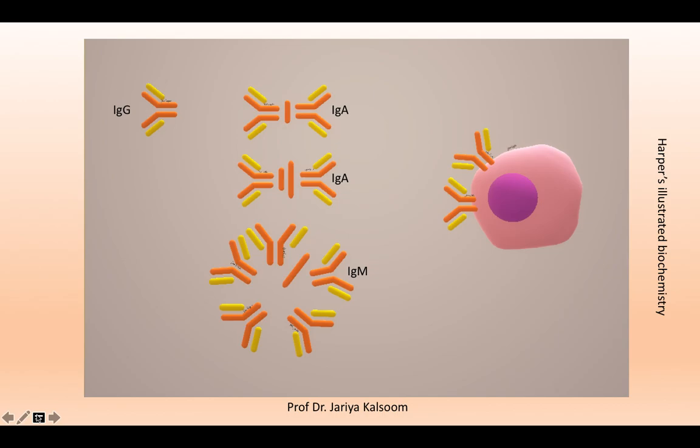The immunoglobulin IgG has the basic tetrameric structure only, whereas IgA has 2 copies of the basic tetrameric structure. IgM has 5 copies of the core tetrameric structure.